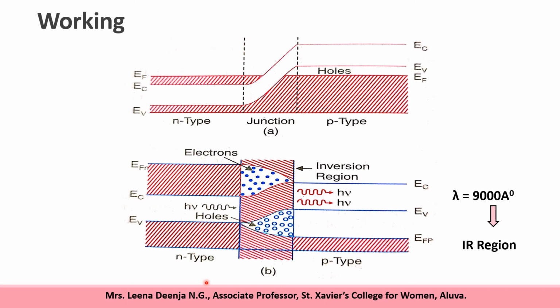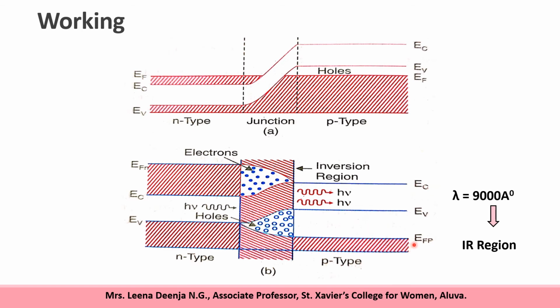When the diode is forward biased, electrons in the N-type material get sufficient energy and jump to the conduction band, so the Fermi level in the conduction band rises. During forward biasing, the number of free holes increases. Holes mean vacancy of electrons.